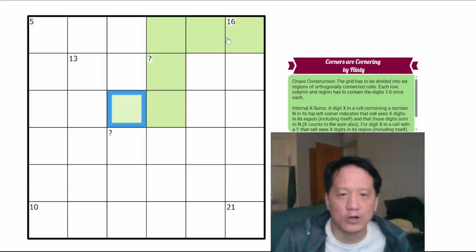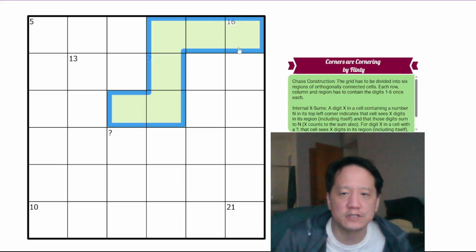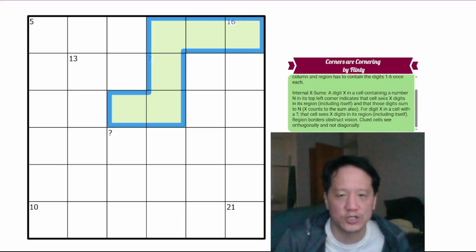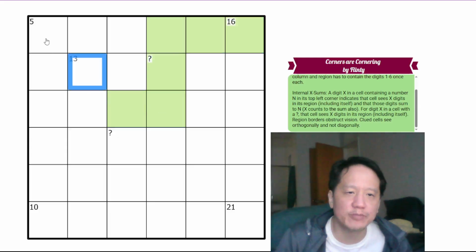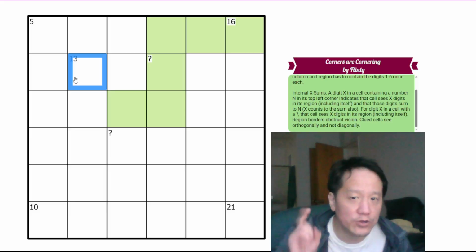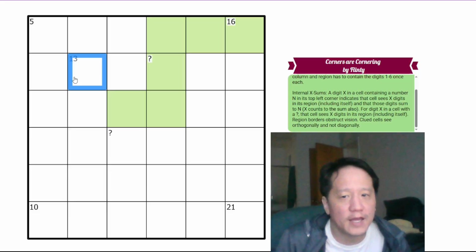And each row, column, and region has to contain the digits 1 through 6 once each. We have internal x sums, where a digit x in a cell containing a number n in its top left corner indicates that cell sees x digits in its region, including itself, and that those digits sum to n.